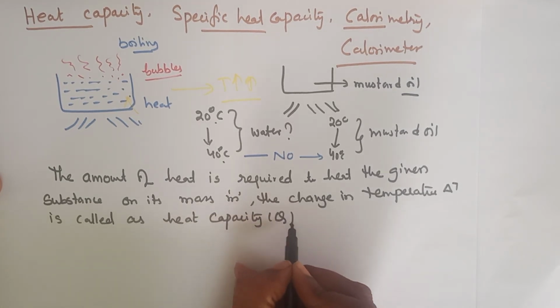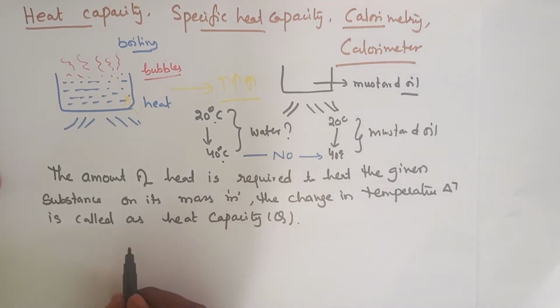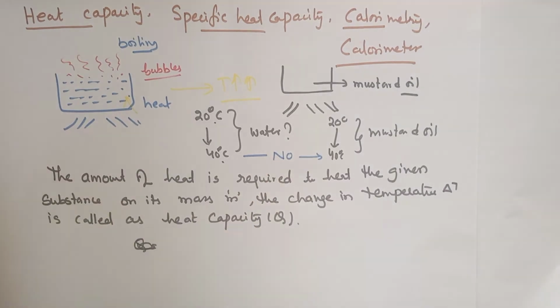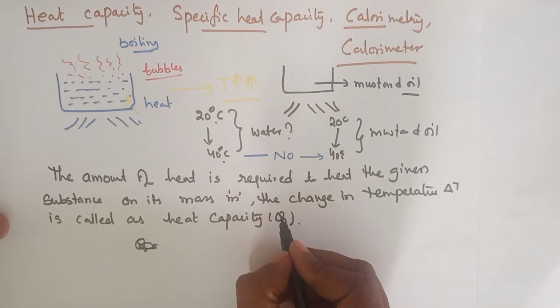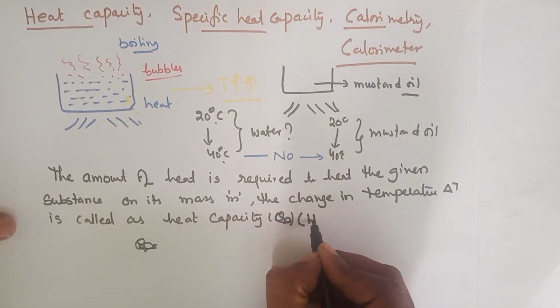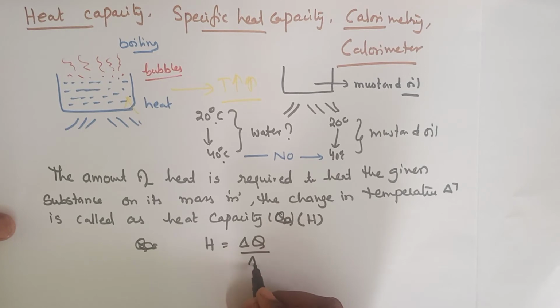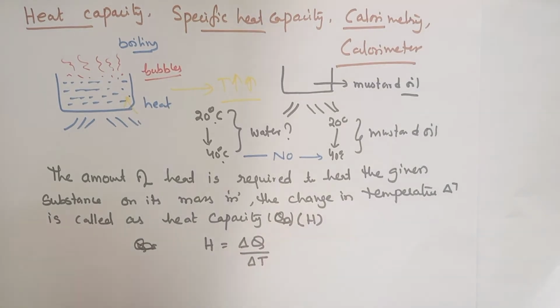Let us say H is the heat capacity. H is equal to delta Q by delta T.